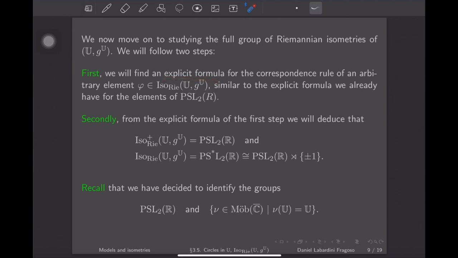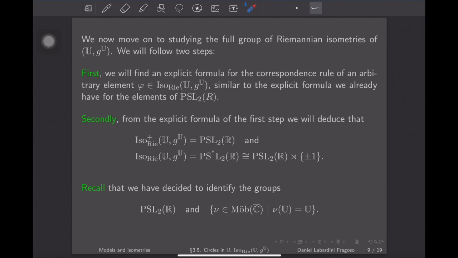For the Mobius transformations that preserve U bijectively, we know the expression (alpha z plus beta) divided by (gamma z plus delta), where the matrix alpha, beta, gamma, delta can be taken to be a 2x2 real matrix of determinant 1. But for arbitrary Riemannian isometries, we don't yet have such a formula. That's the formula we're going to develop.